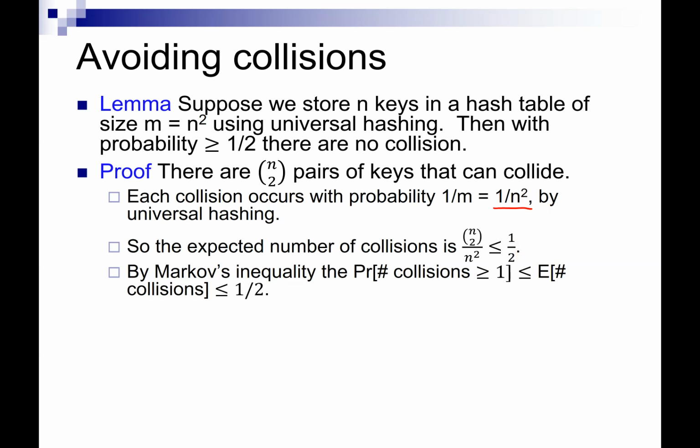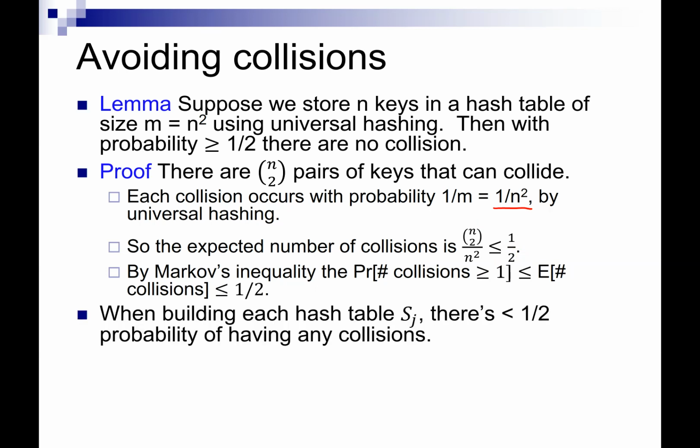So the probability that we have at least one collision is at most 1/2, and so this shows the lemma. Now suppose you want to guarantee that your hash table has no collisions. Then when you're hashing n keys, you're going to use a table of size n squared.